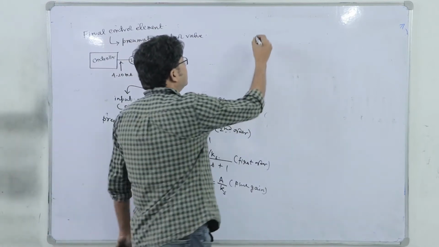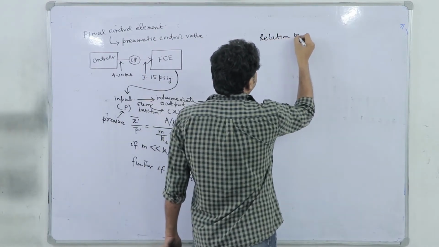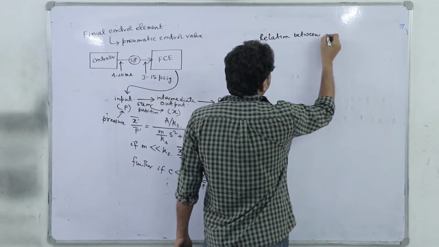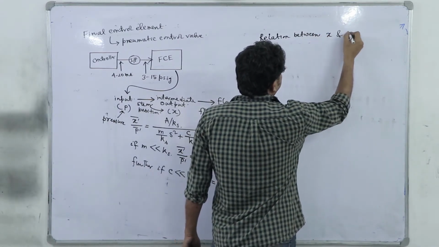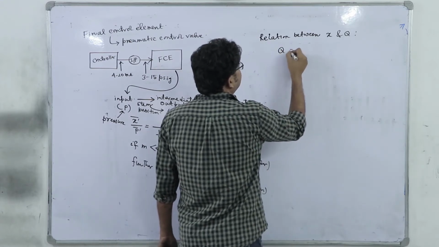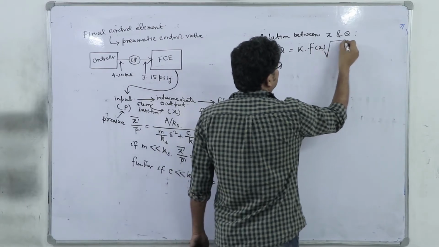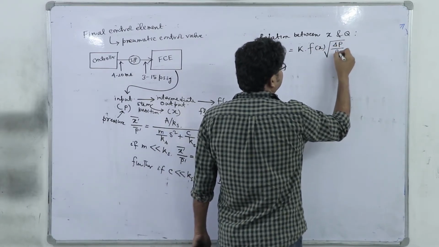So the relation between x and q is formalized as q is equal to some constant into f(x) into under root of delta p divided by rho.